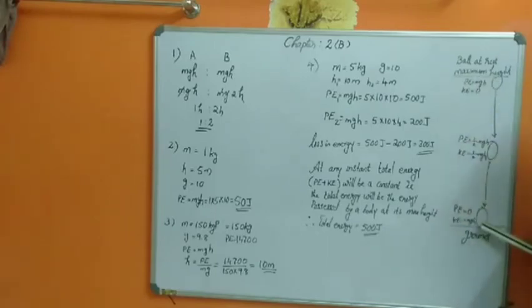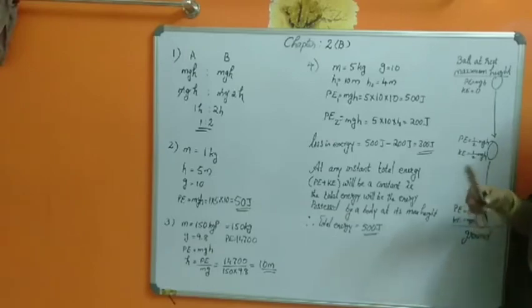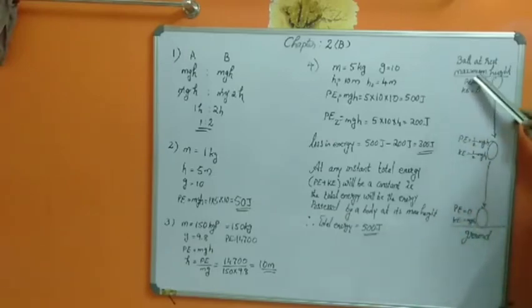And once it reaches the ground, potential energy becomes 0. Why? Because the height h is 0, because it touches the ground. So potential energy will be 0 and kinetic energy will be mgh. So the transfer of energy takes place: potential energy is converted to kinetic energy.